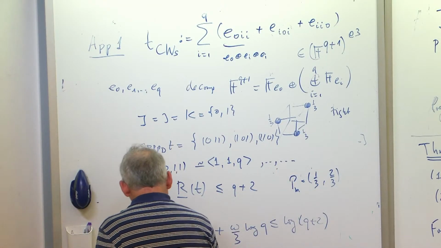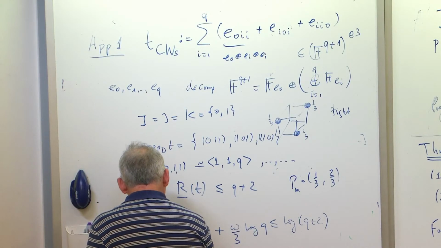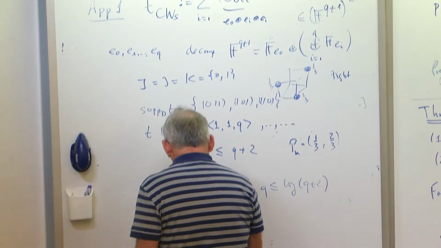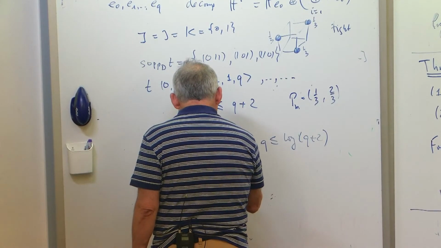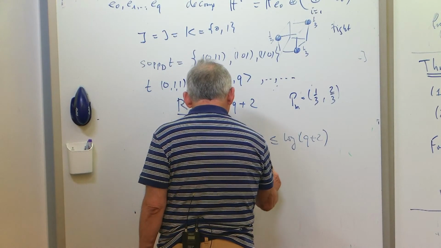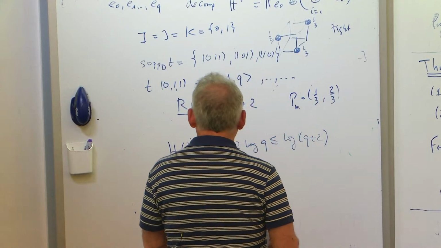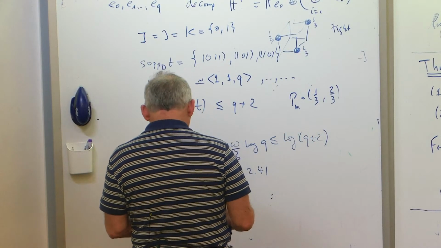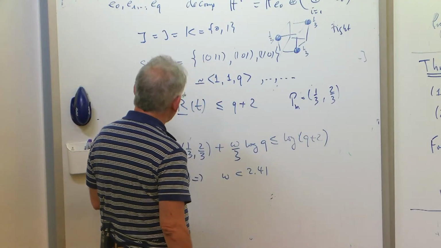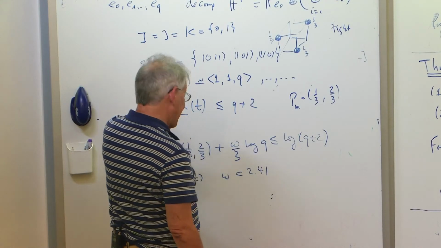If you take q equals 8, you do the numerics, then you get the best estimate, and what you get is omega is less than 2.41. So q is 8, and the format of this tensor is actually 9 times 9.